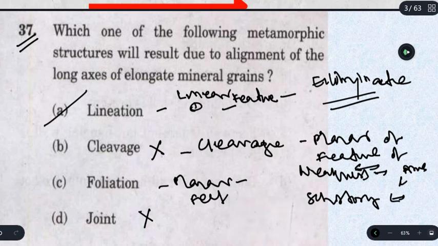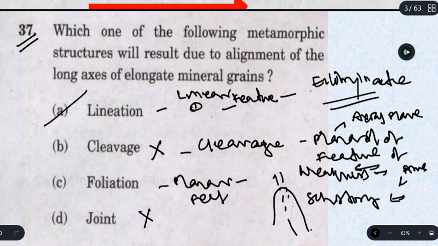So, and always the cleavage will be parallel to the axial plane of the fold. Yes or no? Cleavage will form like this. Am I right or wrong? Suppose this is the axial plane and it will form parallel to the axial plane. Am I right or wrong?